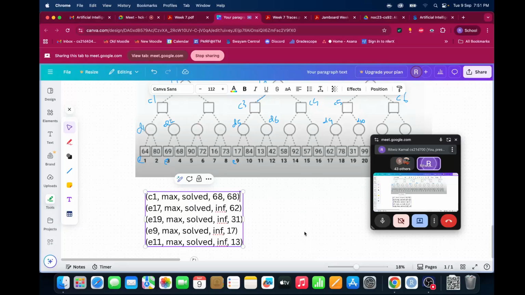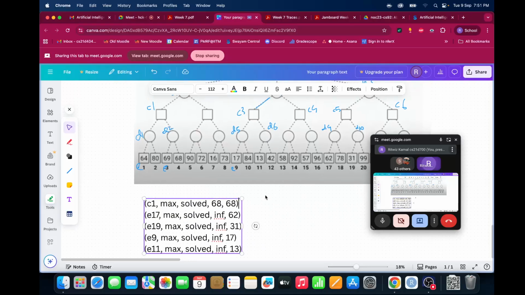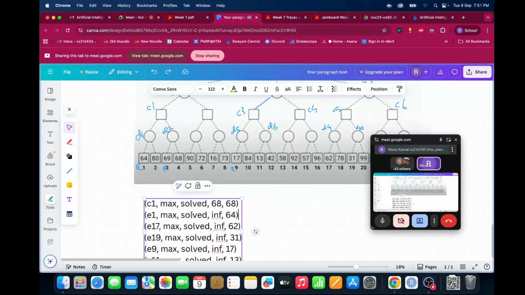Sir, is E1 solved or pruned? E1 is solved eventually. E1 already had a solved status, right? But now that C1 is solved, we don't really need to debug E1 again.